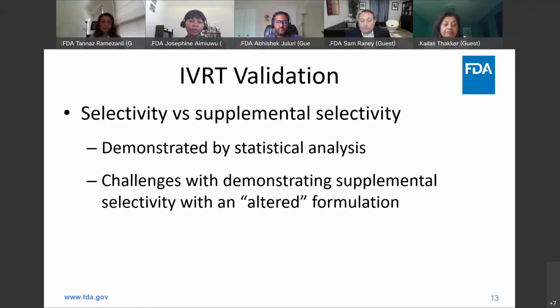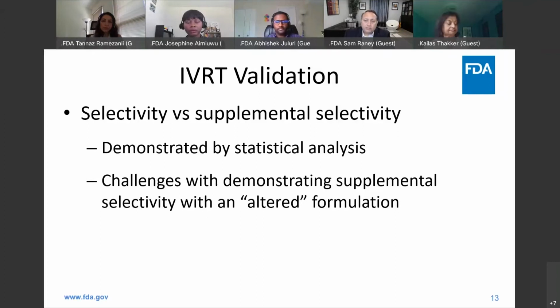You almost have to, it's not a gel anymore by the time you're seeing a difference in the release rate. So the intention here is less a focus on the formulation and more a focus on the IVRT method and the ability of the IVRT method to detect a difference in release rate when it exists.